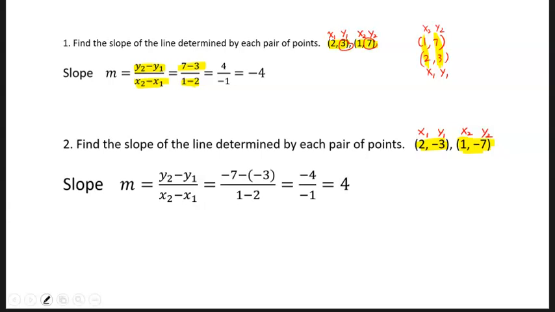Now we're going to simplify each expression. 7 minus 3 is 4, and 1 minus 2 is -1. A positive divided by a negative gives us a negative, so we got the answer -4, because 4 divided by 1 is 4. That's going to be our slope. If we have a negative slope, that means the line is going down, we're going down the hill.